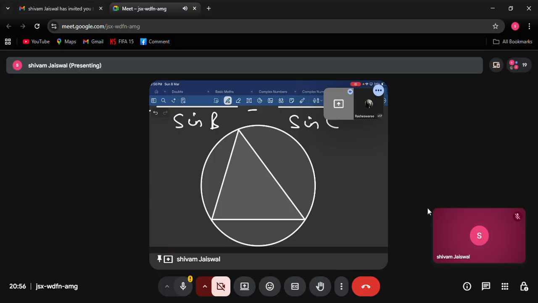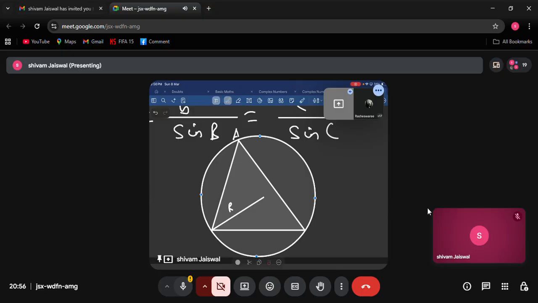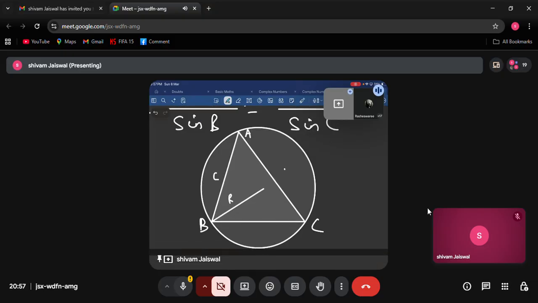Everyone, this will be our circumradius. Let us mark this A, B, C, where AC is b and BC is a.